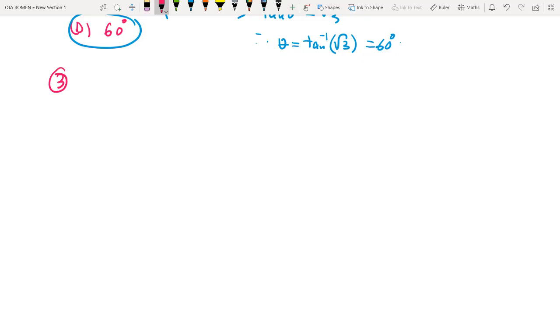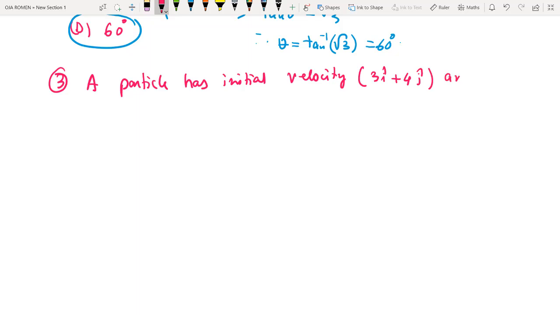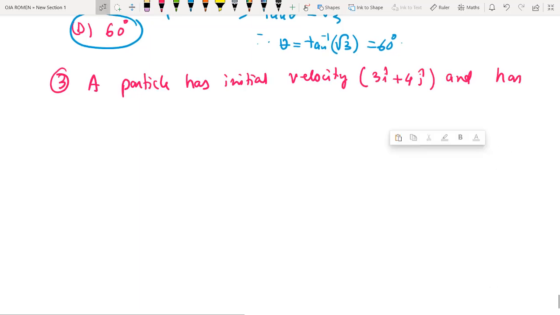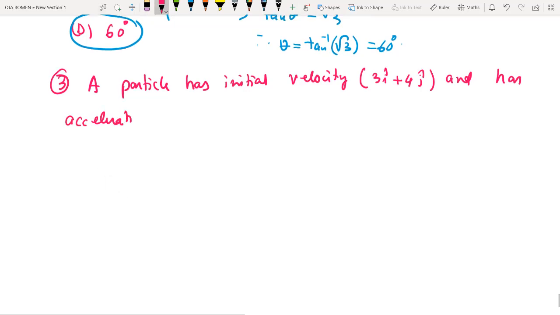Then, a particle has initial velocity 3i plus 4j and has acceleration 0.4i plus 0.3j.